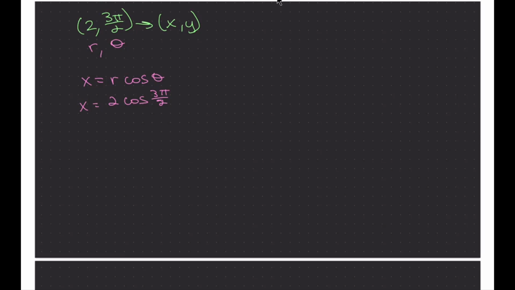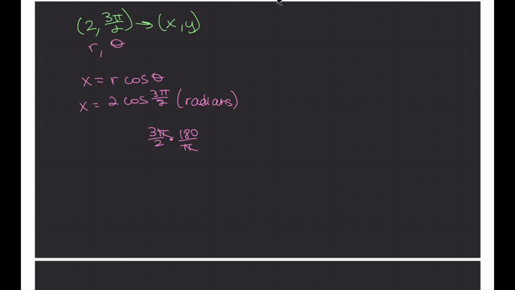Your other option is to turn it into degrees. How do you turn radians into degrees? What do you multiply it by? 180 over pi.